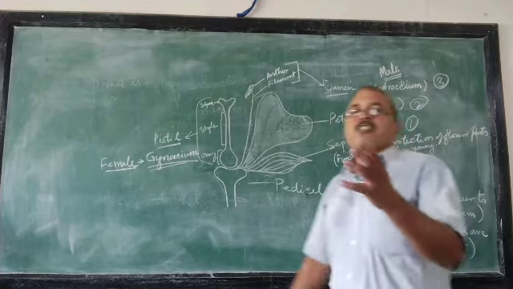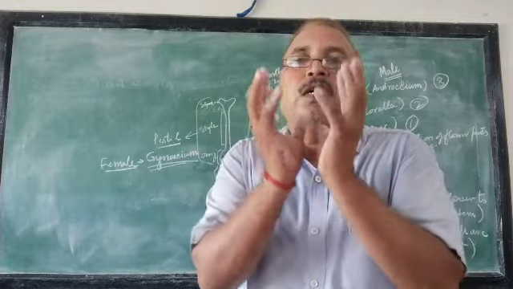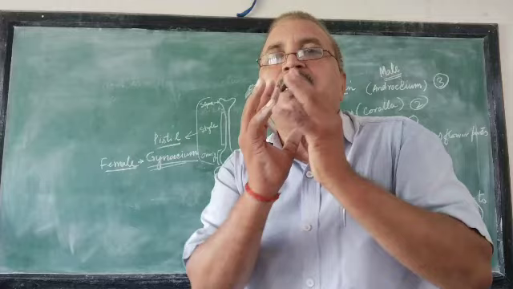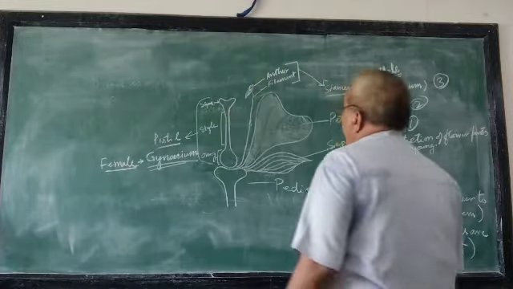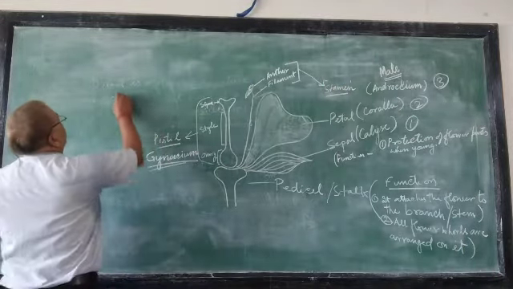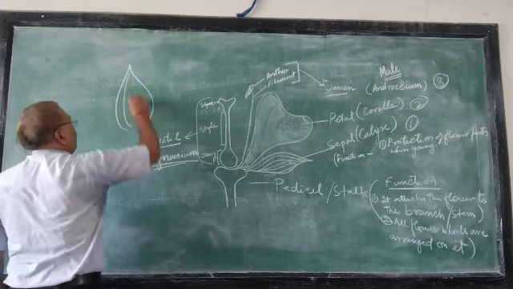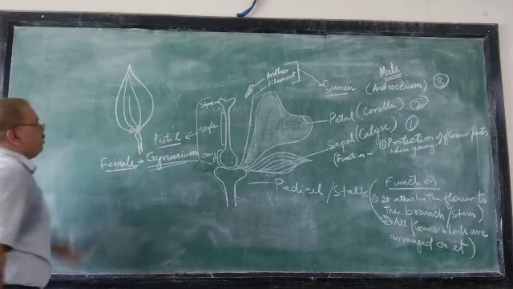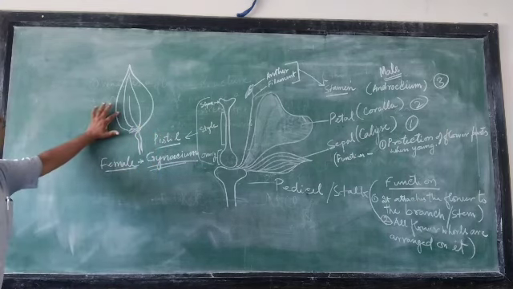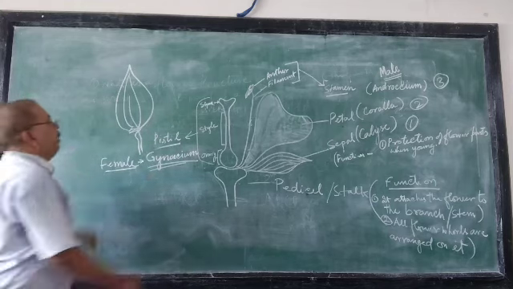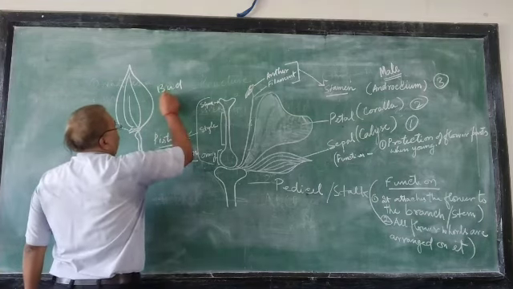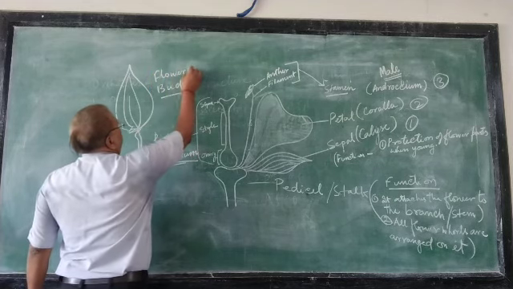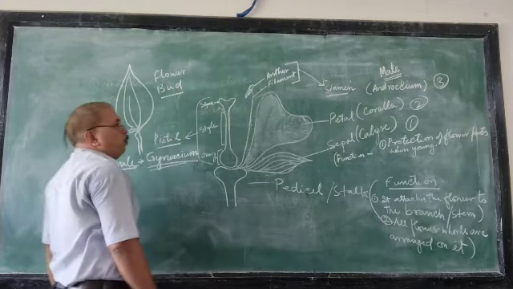You may have seen a flower bud. A flower bud is completely packed in a green colored spindle shaped structure. If you remember, at the early stage of the flower you can see this type of structure, and this structure is called the bud, the flower bud or floral bud.